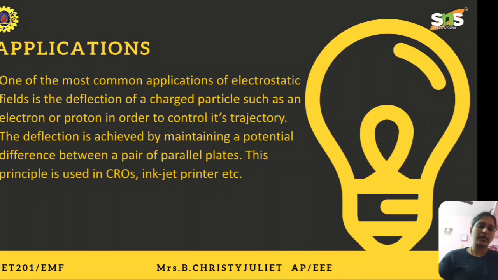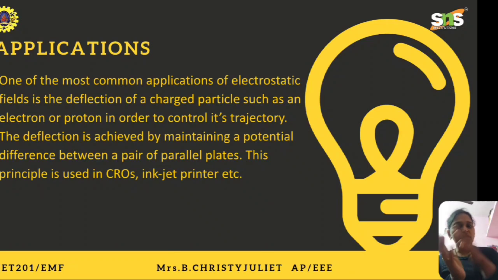Okay, so now let's see. Even though it has adverse effects on humanity, it still finds many applications, because without it you cannot survive. Electricity cannot be available. So now let's see what the applications of these electromagnetic fields are. First, we'll see electrostatic fields.